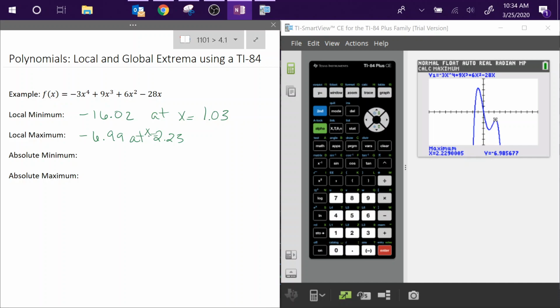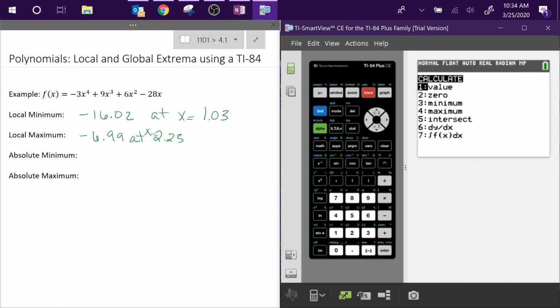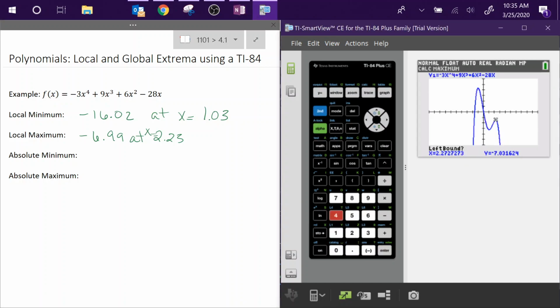So we're going to go again to second trace, again to maximum, number 4, and we want to move our left bound to the left of our other peak and hit enter, to the right of our peak and hit enter, and then back in the middle.